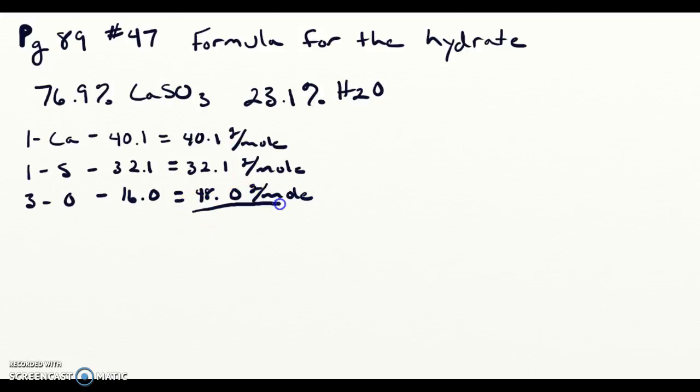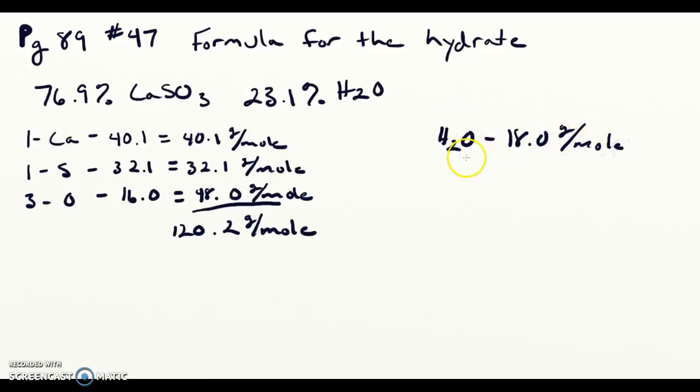So you add all these up, and you get 120.2 grams per mole. And of course we know that water, H2O, has a mass of 18.0 grams per mole. So 16 from oxygen and then 2 from hydrogen. You can add them up.